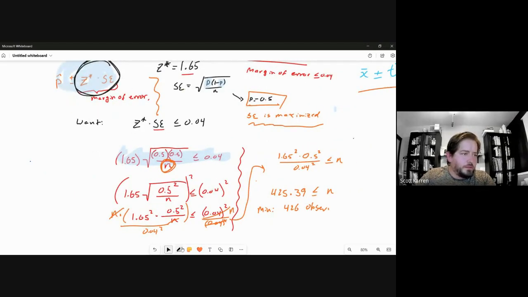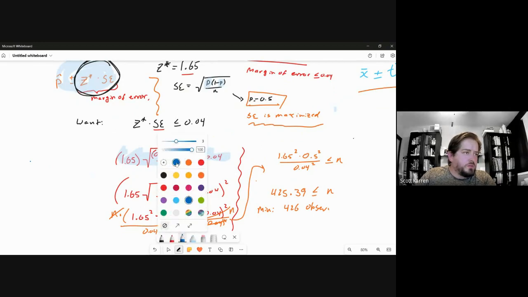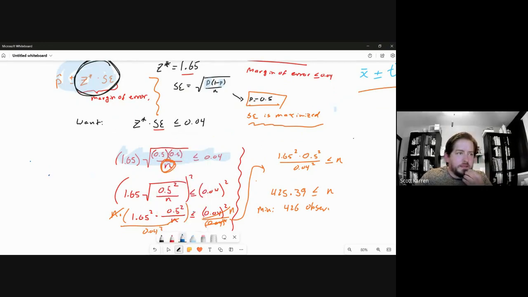When I've got my N solved, this 1.65 was my Z-star.